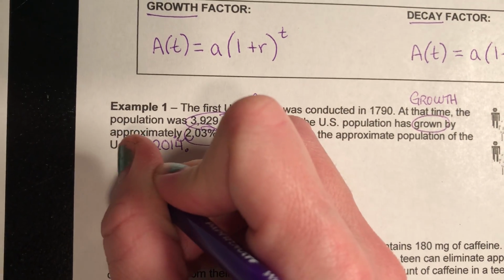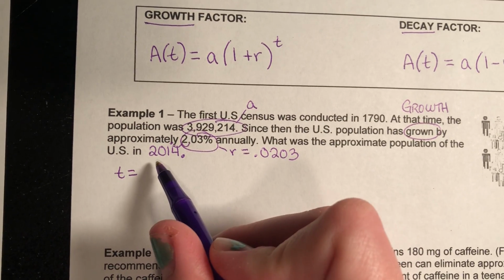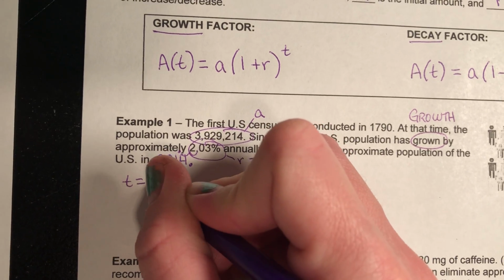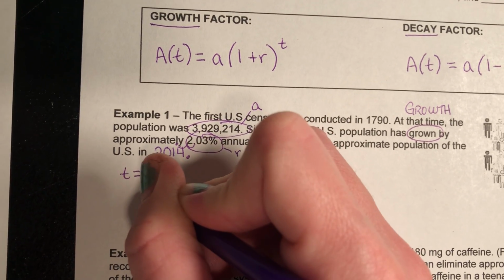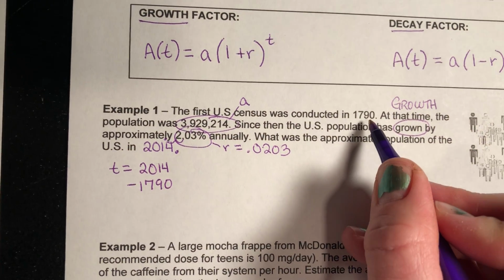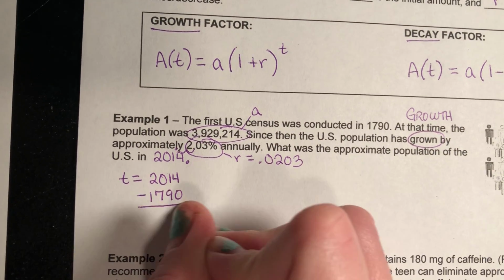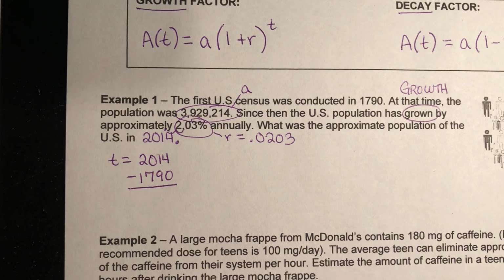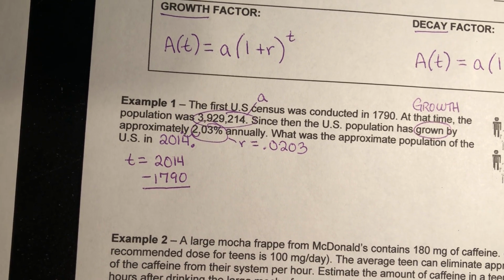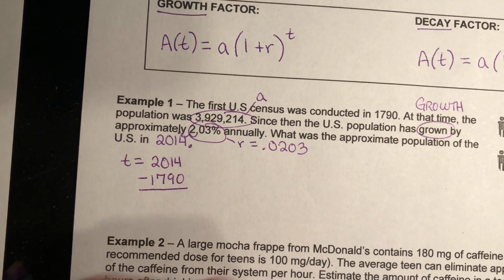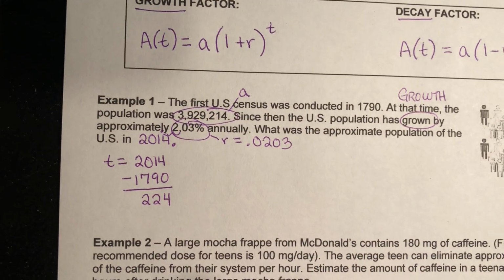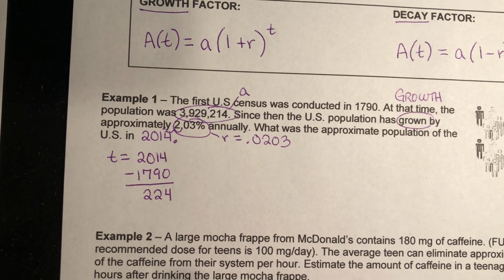We need to do 2014 minus 1790, when it was originally conducted. That will give us the amount of years since the first census was conducted. Well, 2014 minus 1790 is 224. So that is our T value.